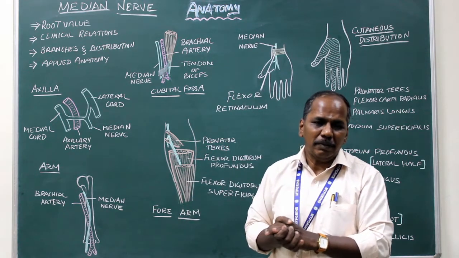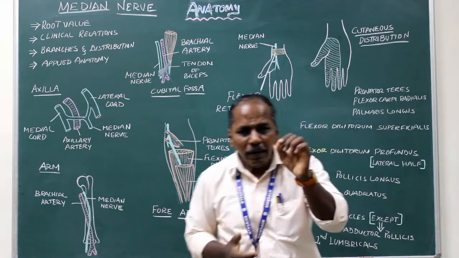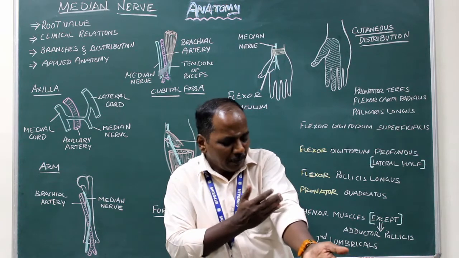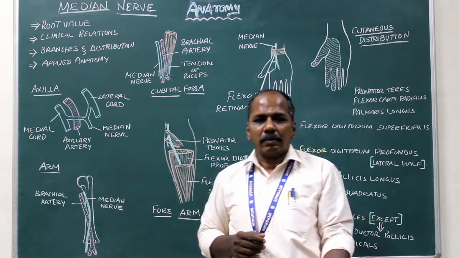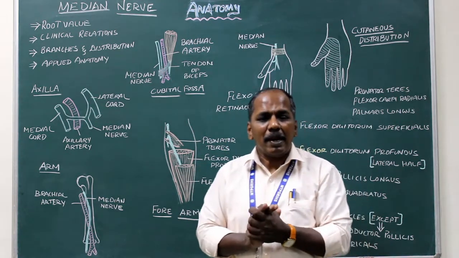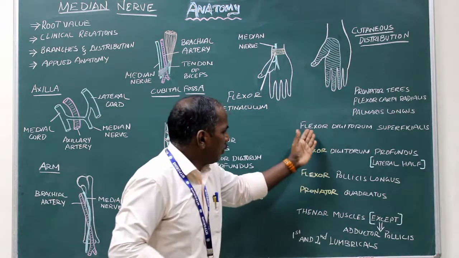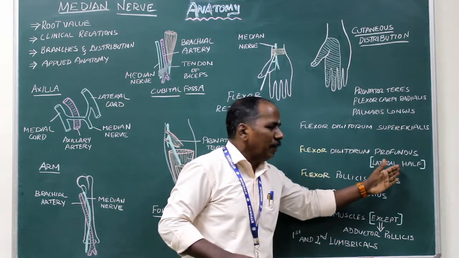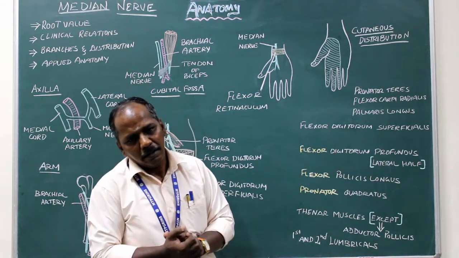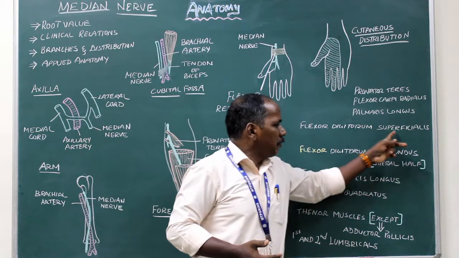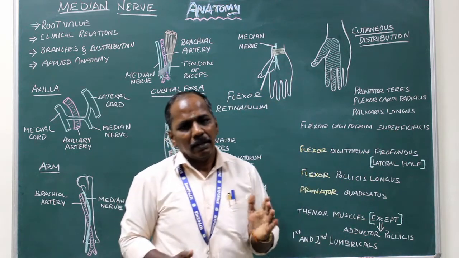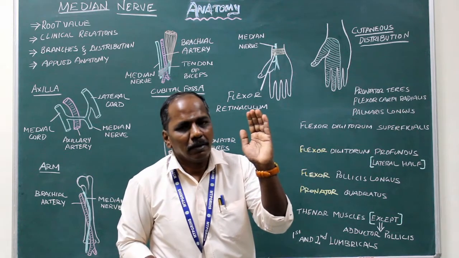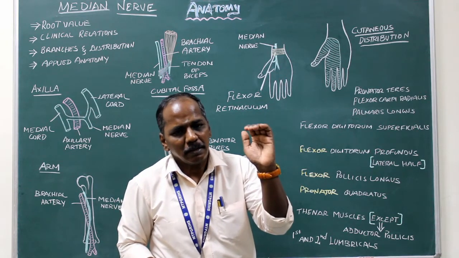If the median nerve is damaged in the cubital fossa or upper part of the forearm, this results in paralysis of flexor digitorum superficialis and the lateral half of flexor digitorum profundus. When the flexor digitorum superficialis is affected, it results in loss of flexion of the middle phalanges.